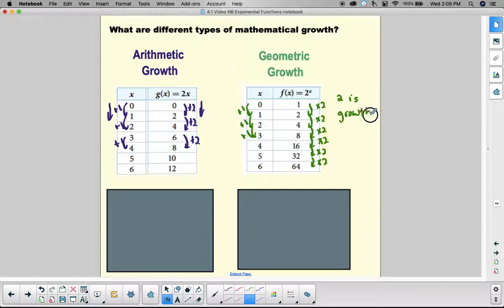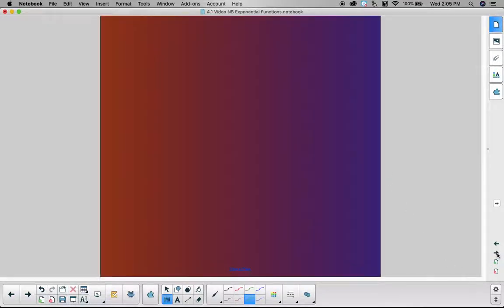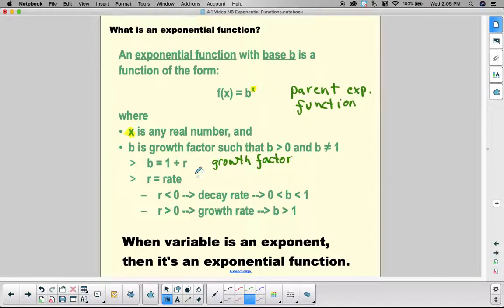When x goes up by 1, the output gets multiplied by the growth factor of 2. So the base is your growth factor. The base just so happens to be equal to 1 plus r, where r is the growth or decay rate.